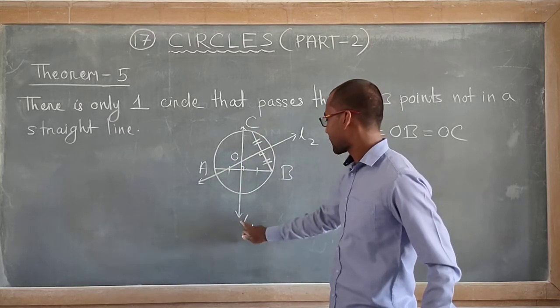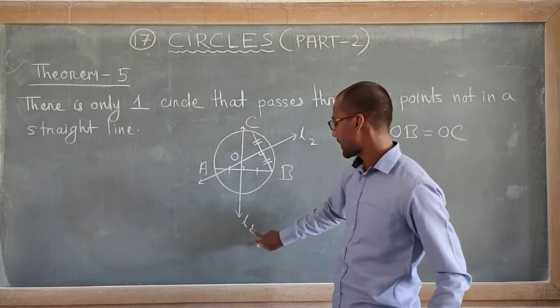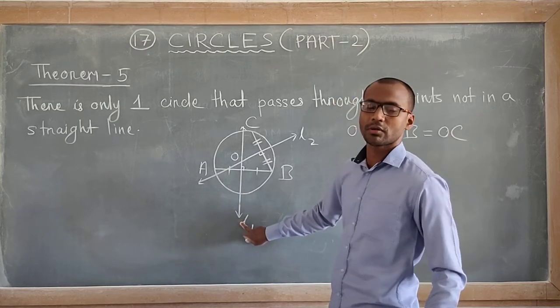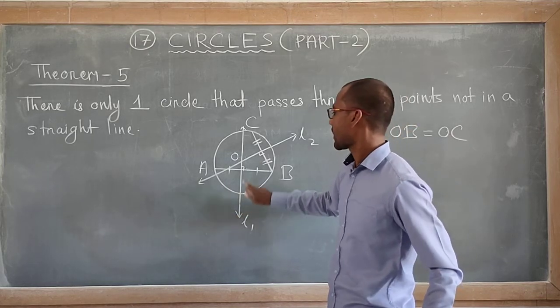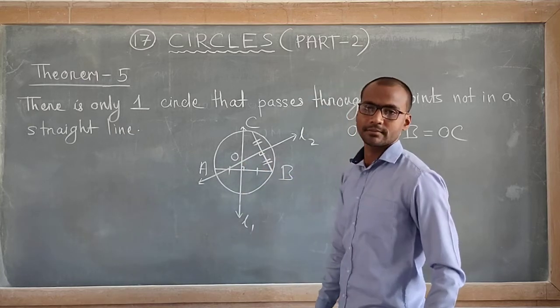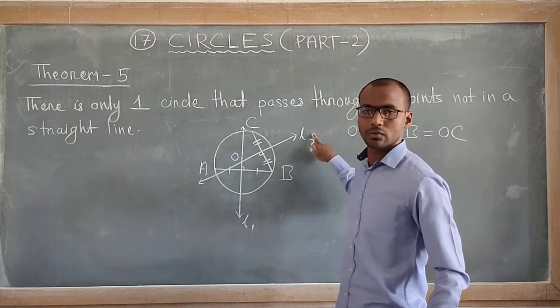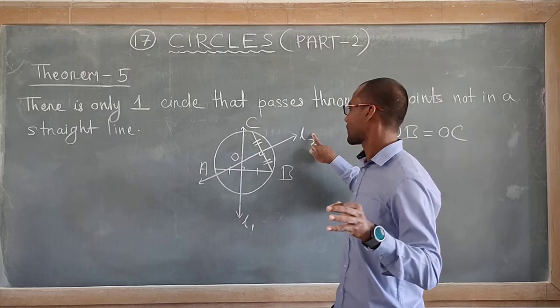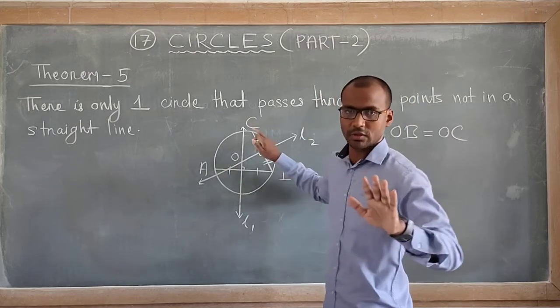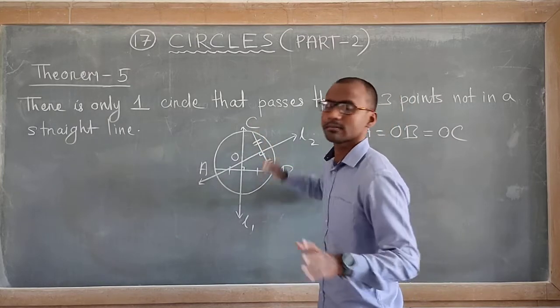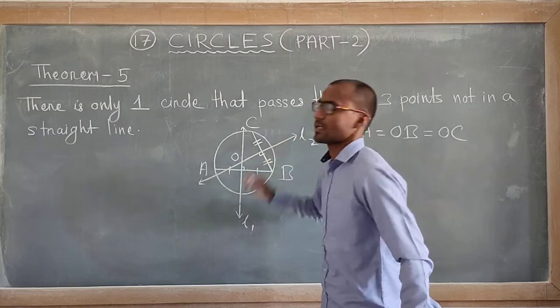The perpendicular bisector of AB, which is line L1, is passing through the center of the circle. Again, line L2, which is the perpendicular bisector of chord BC, is also passing through the center.